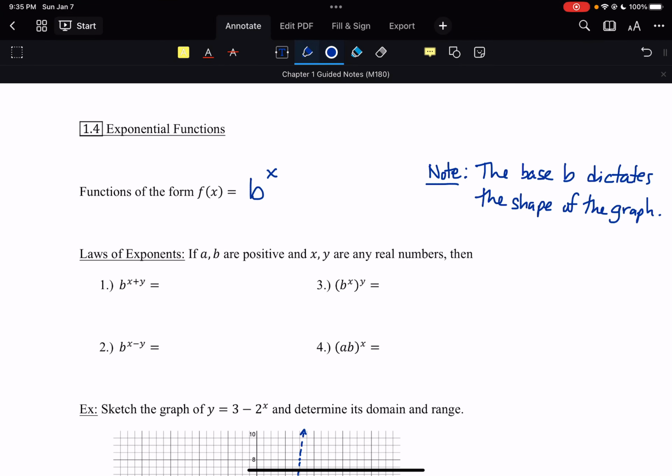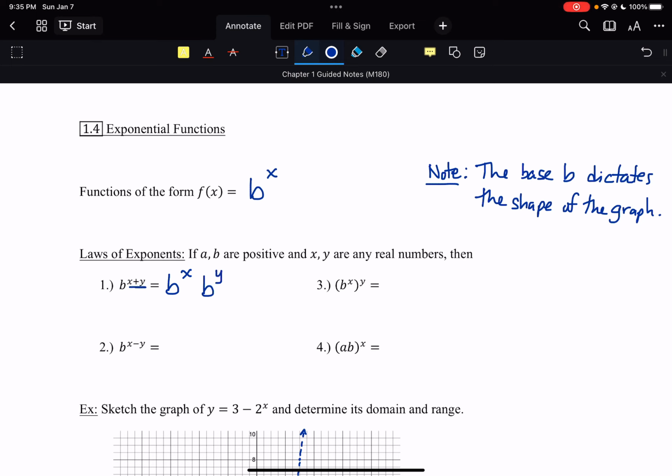When it comes to working with exponential functions algebraically, we have a few laws of exponents that we can use to our advantage. If a and b are positive, and x and y are any real numbers, then b to the x plus y power is the same thing as b to the x times b to the y.